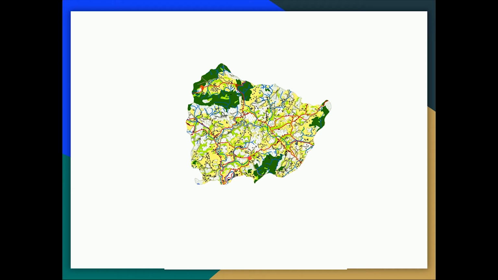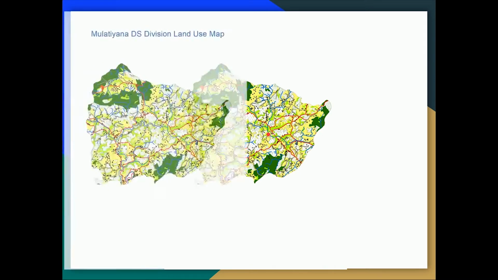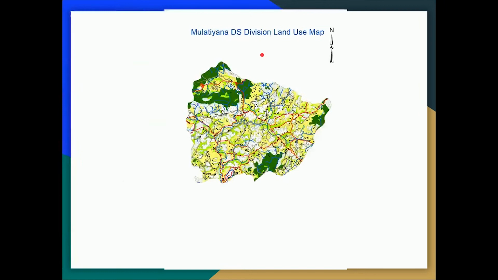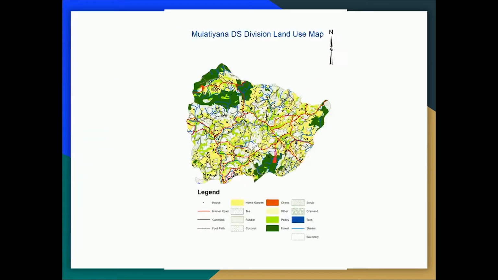So then we need to add our title for this map. This is the map title. Again, we need to add a north arrow like this. This is the crucial part, the map legend. If there is no map legend, we cannot read what the map is representing, so we need to add a legend.